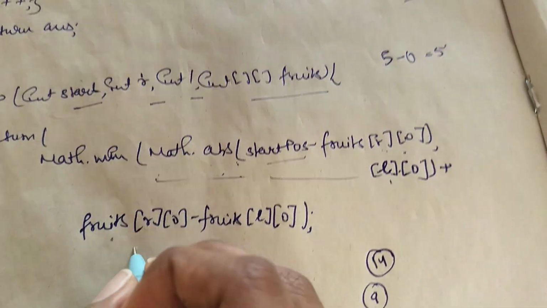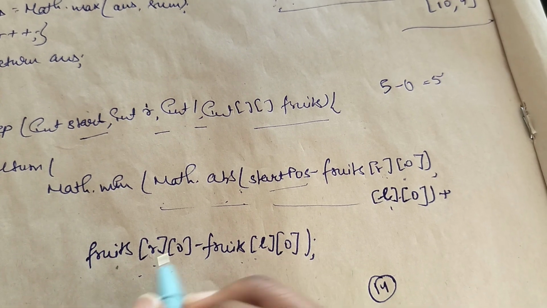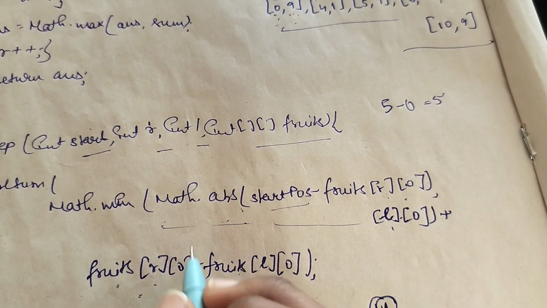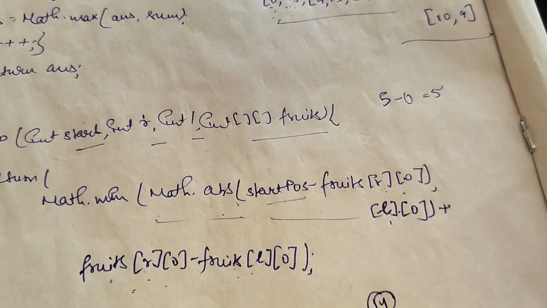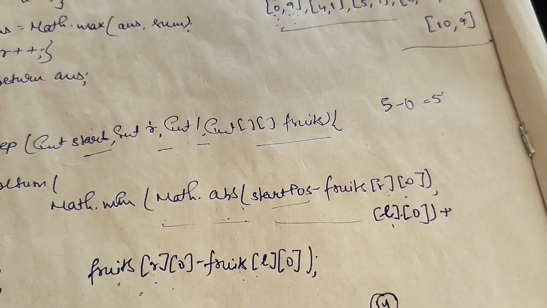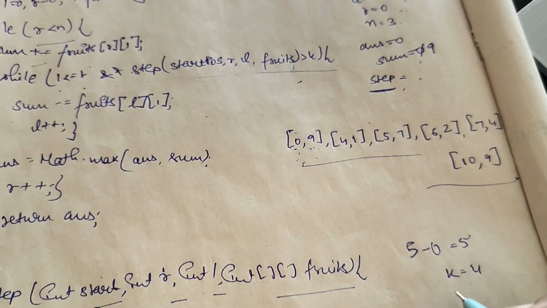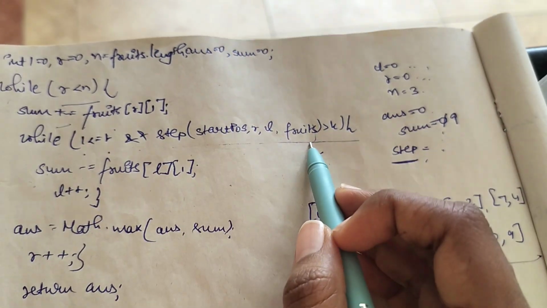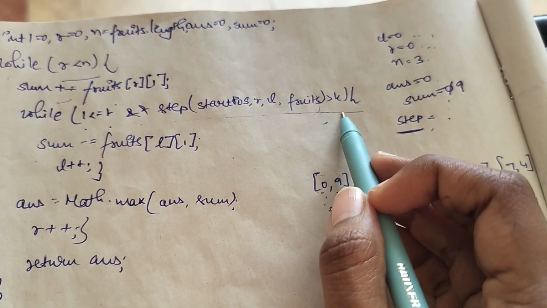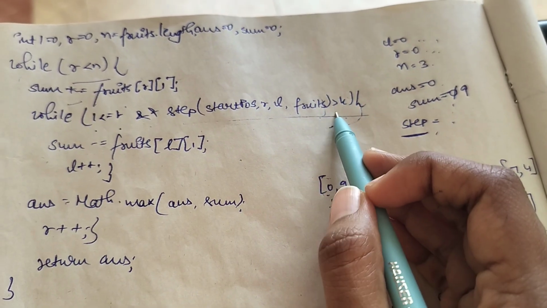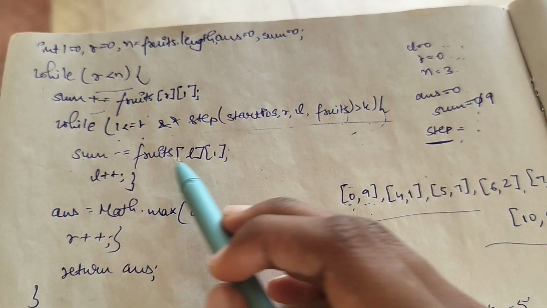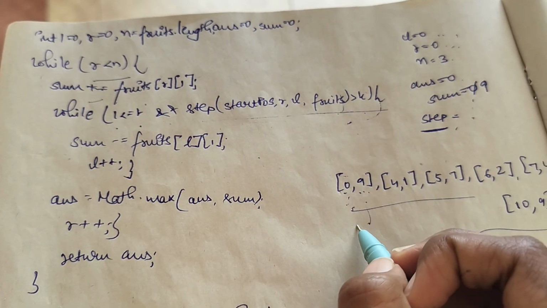Here again these values are the same, one is plus, one is minus, so these two values cancel out. The value of k is equal to 4, so this value is greater than k. So I'm going to subtract this value from my sum.